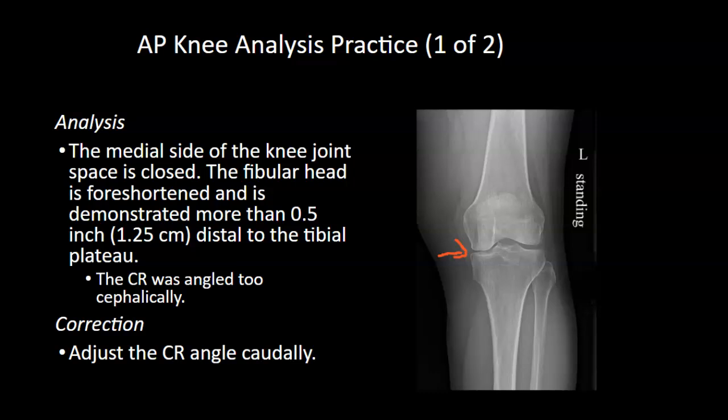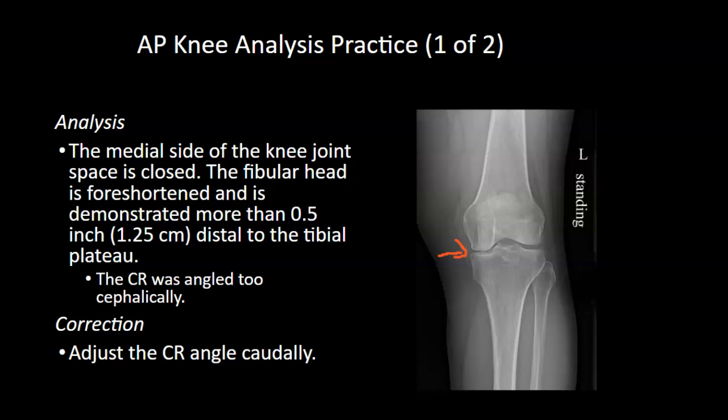We also want to determine if we have any rotation. And then, as you recall, the tibia should superimpose 1/2 of the fibular head. But because of the angulation issue, it is not quite there. So there's no rotation issue, it's more angulation.